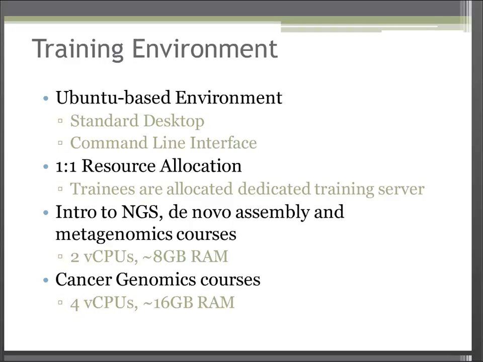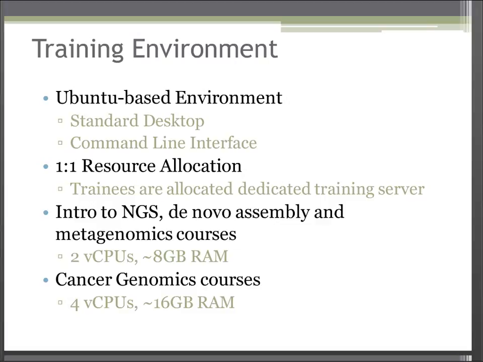So the training environment is based on a flavor of Linux, which is Ubuntu. This is quite a popular Linux flavor for high performance computing as well as standard desktop environments.